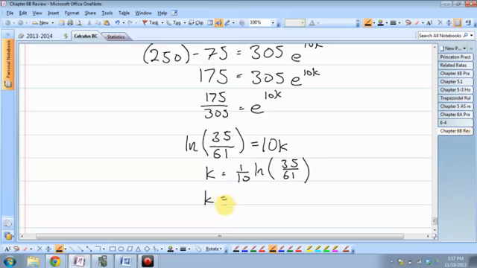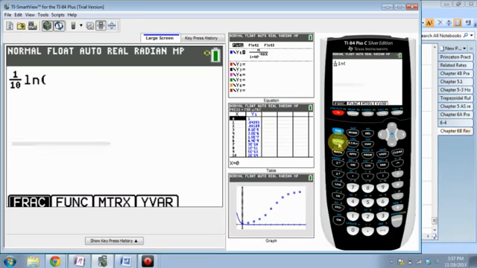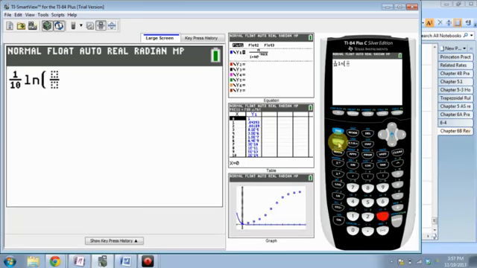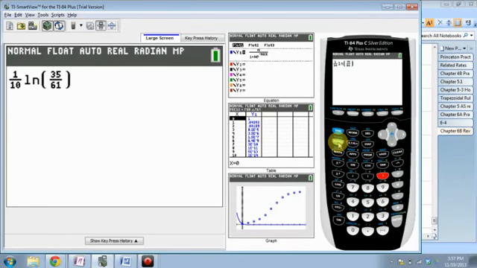I think I'm going to need that number, so I'll calculate that right now. So we have 1/10 natural log of 35 over, it was 61, right? 35 over 61, yeah. Oh, you know what?